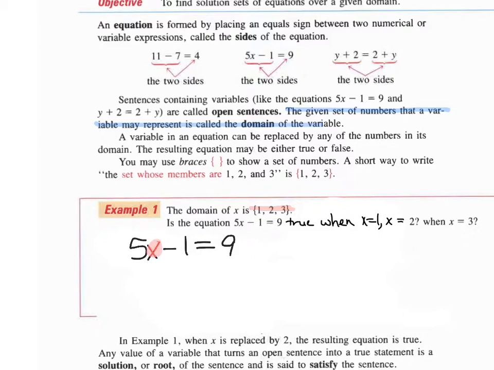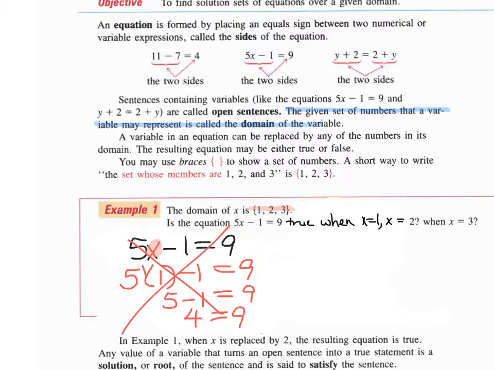The first time, I'm going to replace it with the number 1. So 5 times 1 minus 1, and I need to see if the left side equals 9. 5 times 1 is 5, minus 1 is 4. Does 4 equal 9? No. So the number 1 doesn't work.